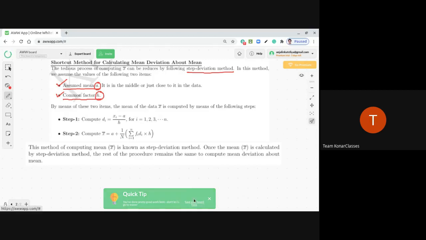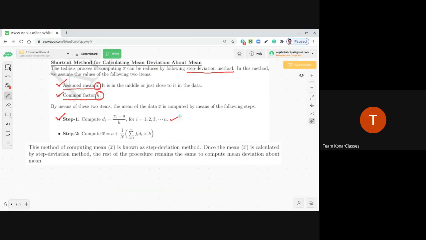Now, by means of these two items, the mean of the data x bar is computed by the following steps. Step one is to compute di, which is nothing but, dear students, xi minus A divided by h, for i equal to 1, 2, 3 up to n.